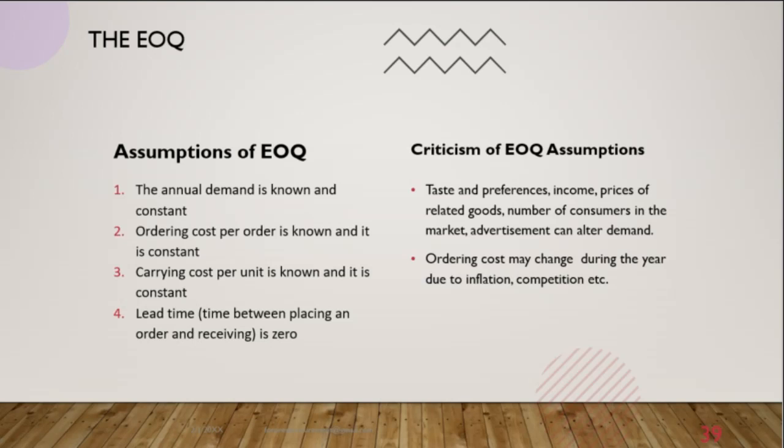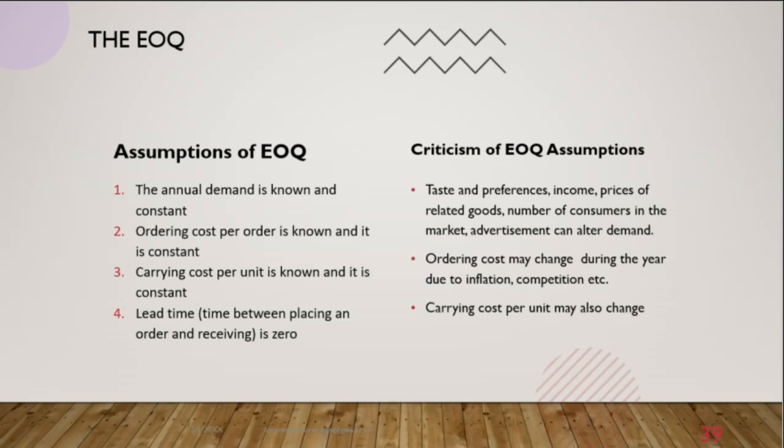There is no society where the prices of goods are the same from January to December. So ordering costs may change during the year due to inflation, competition, etc. These are things that can change the prices of goods. So we cannot know for certain that the prices will be the same and constant.